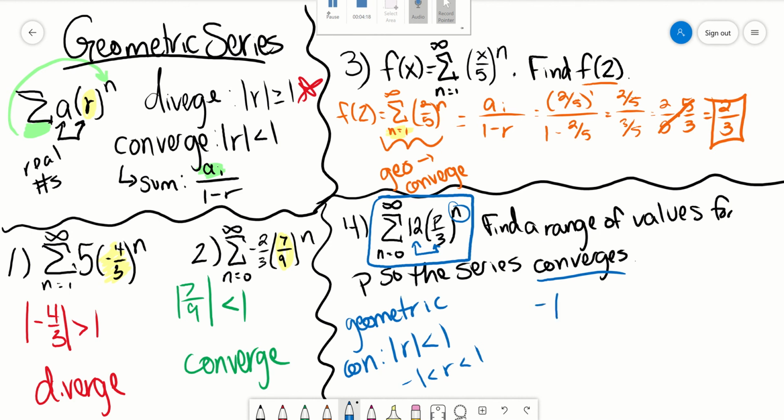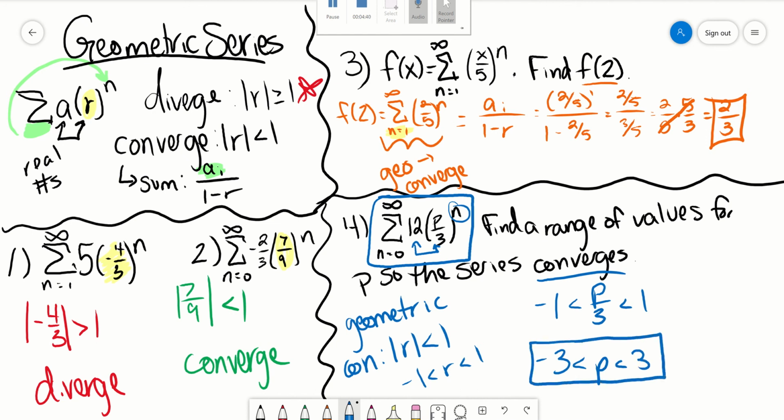For the problem we're looking at here, r is p over 3. So we need p over 3 to fall in between -1 and 1. If we wanted to get p by itself, we would multiply everything by 3. If we multiply everything by 3, you end up with this range of values for p.